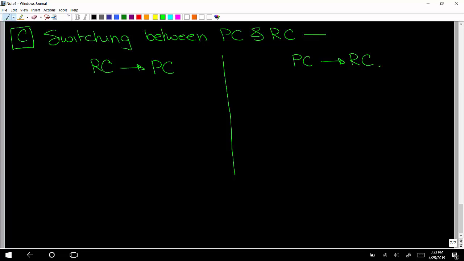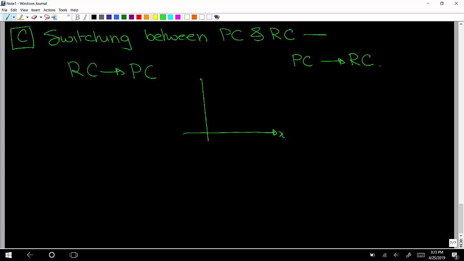Okay, so let's take a look at it. Well, in both cases, we're going to start with the same picture, so let me put that picture in the middle. So let's say I have this. So I have some point here, P. This is R. So it's X and Y because we're in rectangular coordinates right now. I want to switch to polar coordinates. Well, how do I do that?